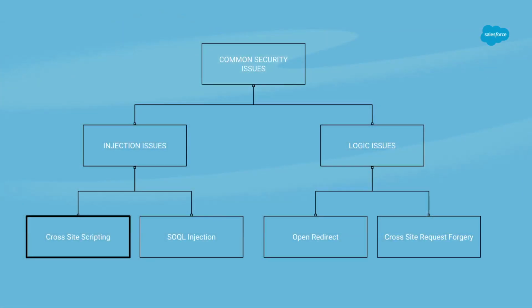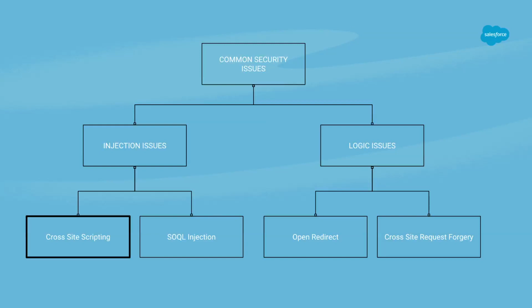So we've broken this up over all of the subjects that we want to get through, and we really have two high-level topics that we want to drill down on. The first one is injection issues. If anyone here is building applications that take user input and do something with that in order to have a more dynamic experience, the issues that we're going to cover, which are cross-site scripting and SOQL injection, are definitely something that you want to understand, think about when you're building your applications, and mitigate against.